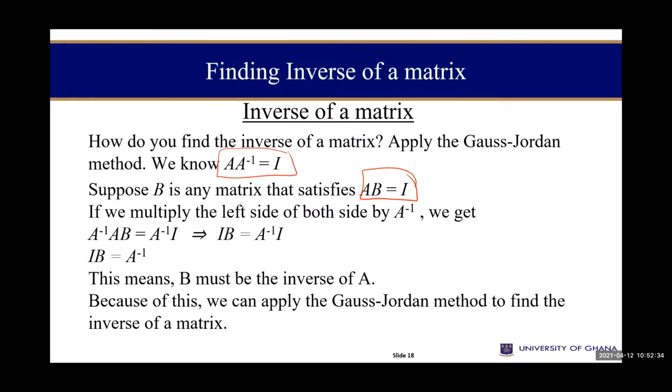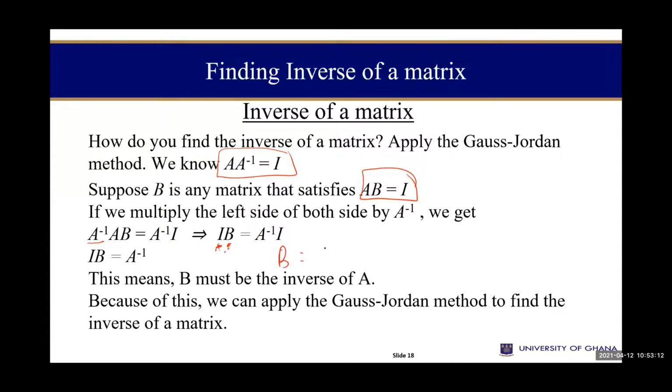Suppose we have this: the inverse of A times AB is equal to the inverse of A times the identity matrix. We know an inverse of a matrix times a given matrix will give you an identity matrix. So this will be converted to the identity matrix multiplied by B. And we also know that if I multiply an identity matrix by any given matrix, I should get the matrix itself.